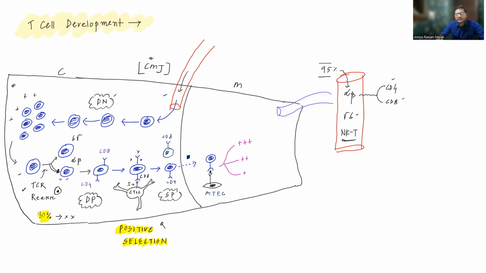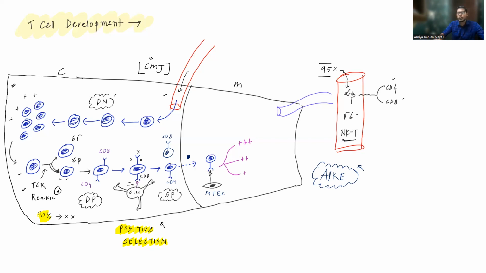Now you must be thinking how these medullary thymic epithelial cells are able to present the various antigens present in our body. That is because of a gene known as AIRE, the autoimmune regulatory gene. We'll discuss more on this when we discuss the mechanism of immune tolerance.